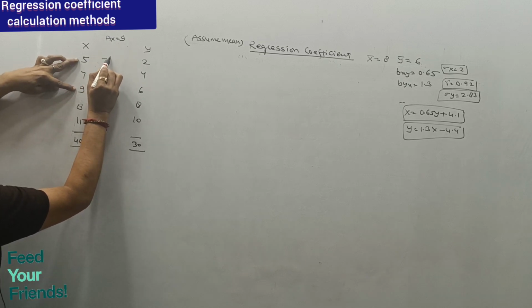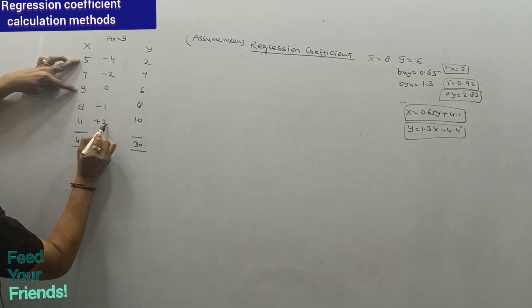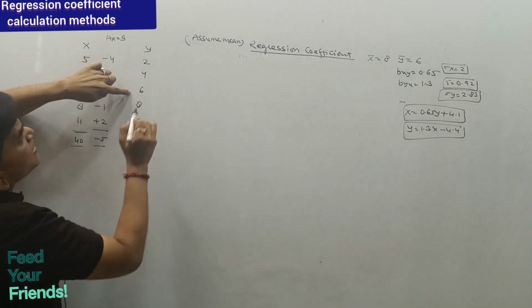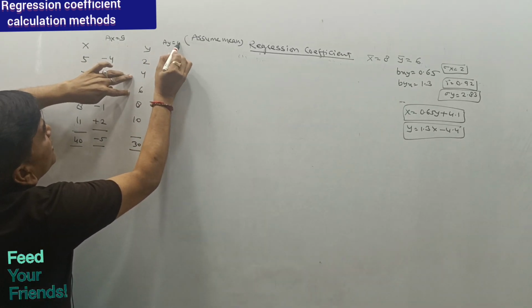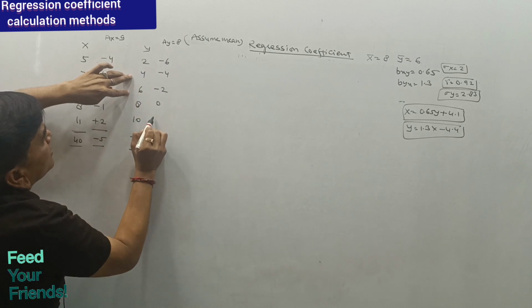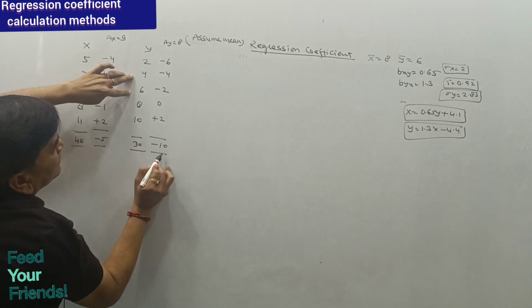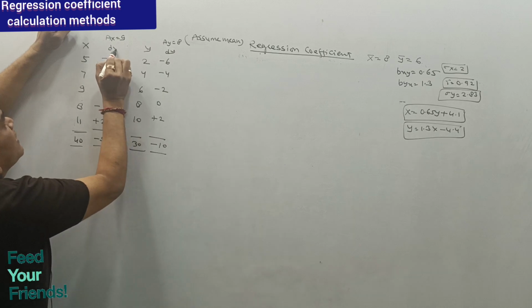So the deviations are minus 4, minus 2, 0, plus 1, plus 2, minus 5. Suppose the assumed mean of y is 8. So minus 6, minus 4, minus 2, 0, plus 2, that is minus 10. So this is dy, this is dx.